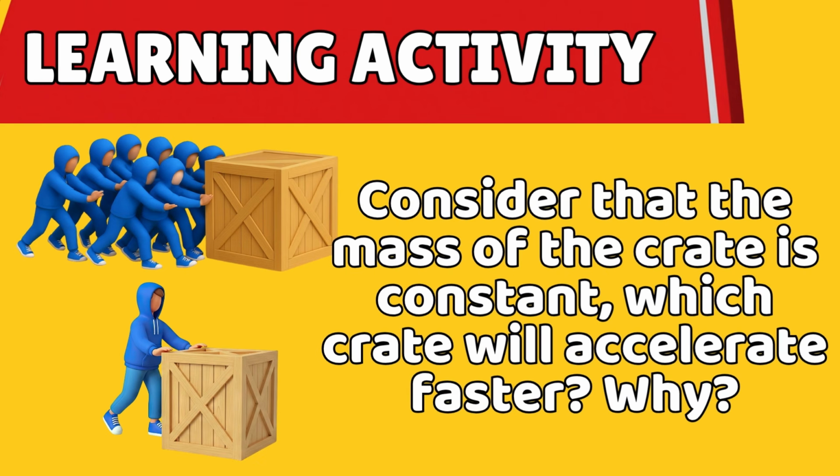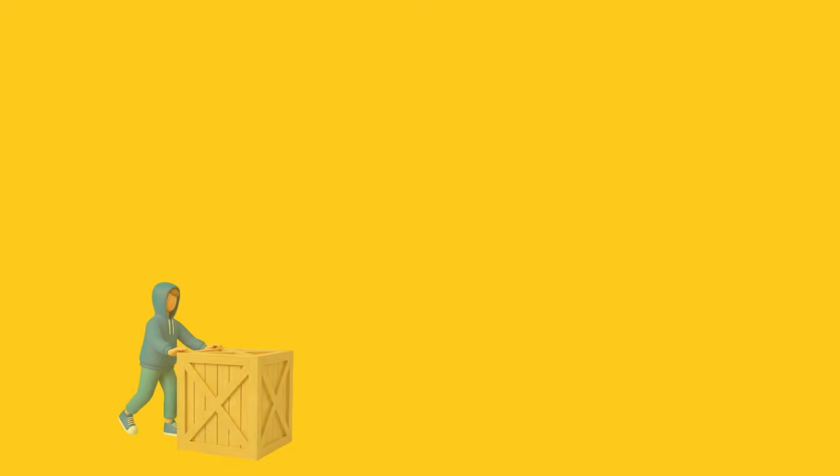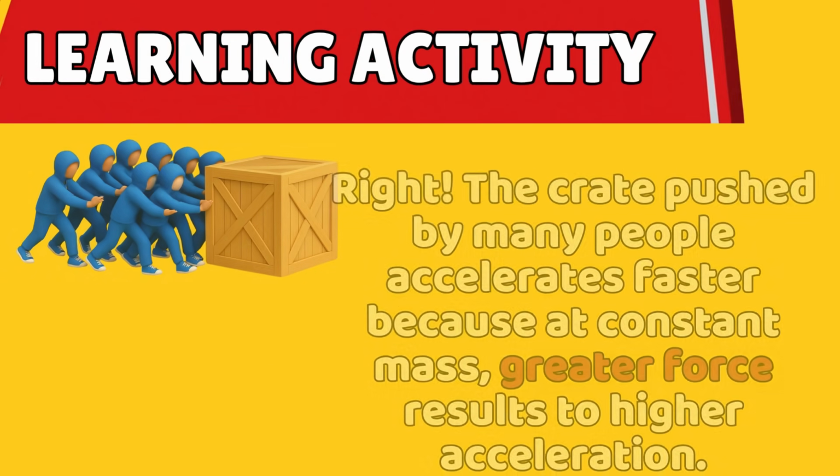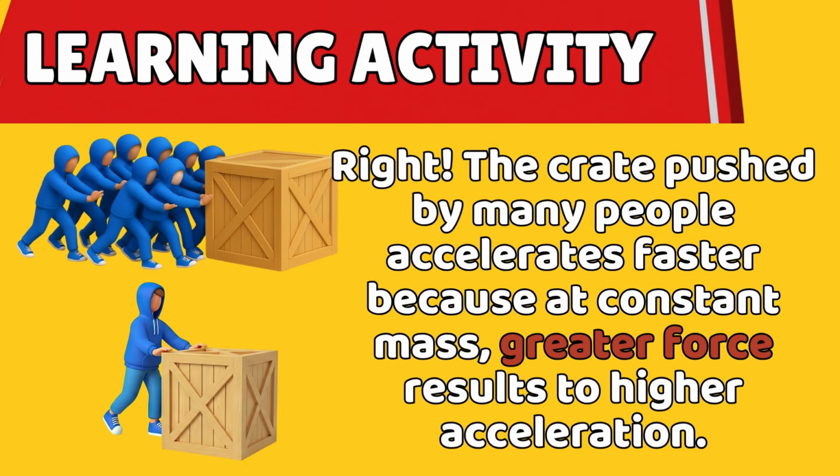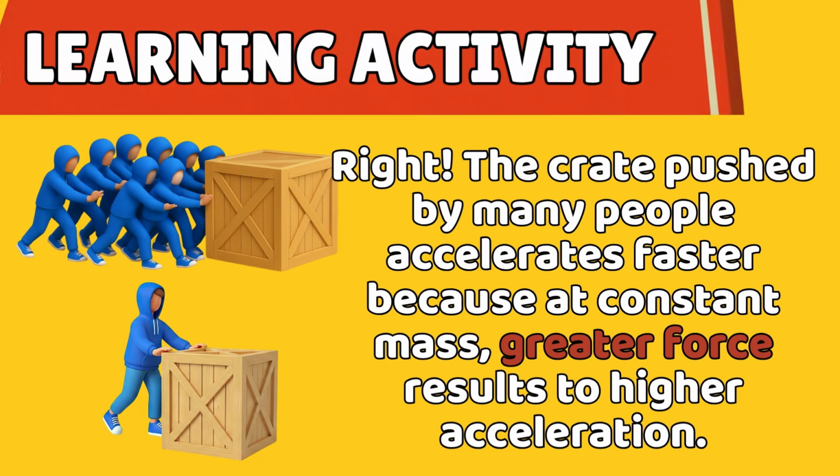Considering that the mass of the two crates is the same, which crate will accelerate faster and why? Obviously, the crate pushed by many people accelerates faster because at constant mass, greater force results in higher acceleration.